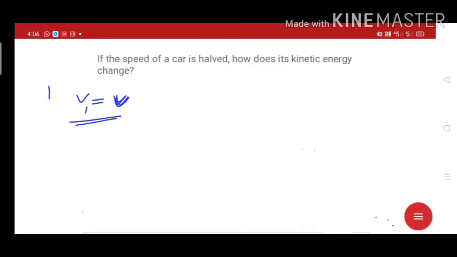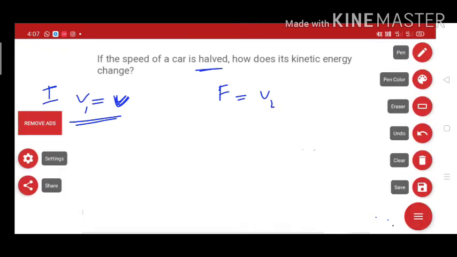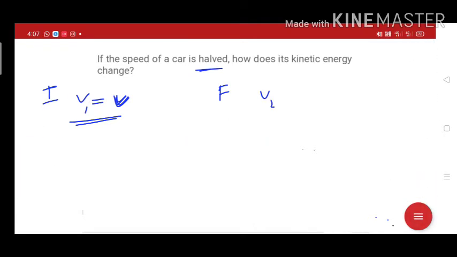This one is the initial, and then the speed is halved. That means finally the v2 is v by 2. Whatever is the speed in initial is going to be halved in final.